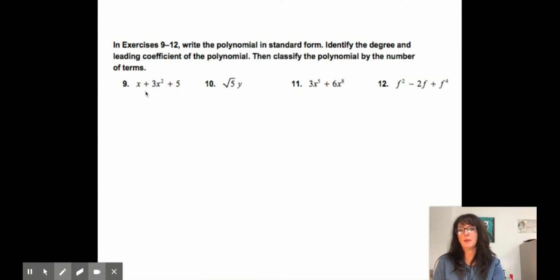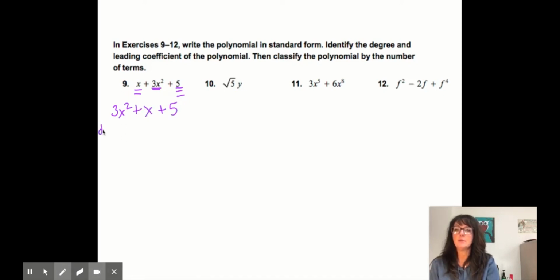So I go through and I like to underline them. So I look at the one with the highest. This has an exponent of 1, an exponent of 2, and then I assume 0. So this would be my first term, this would be my second term, and this would be my third term. So I would have 3x squared, and it's positive, plus x plus 5. Descending order of the variable.